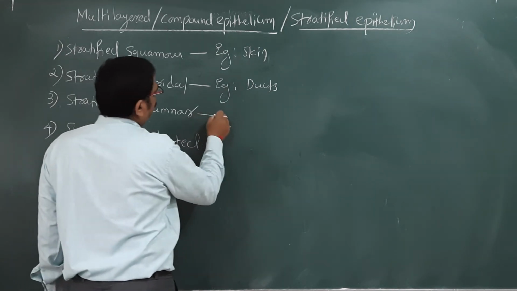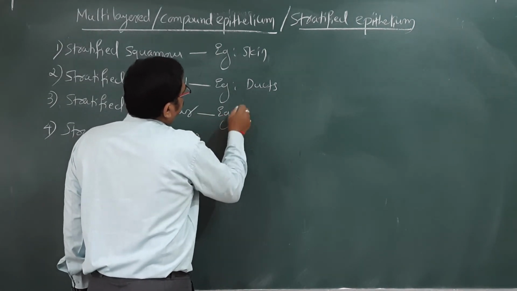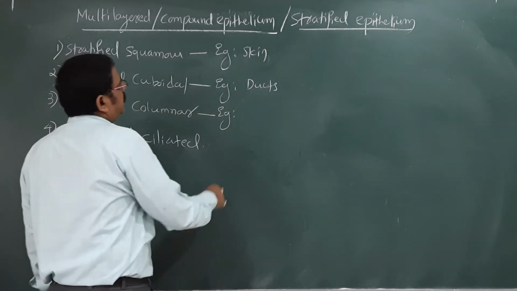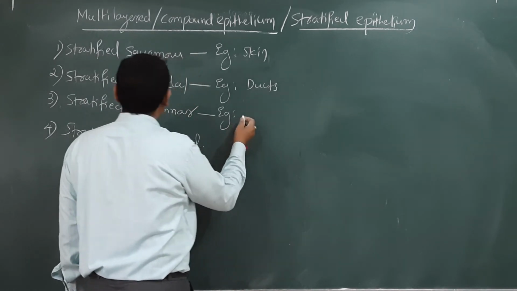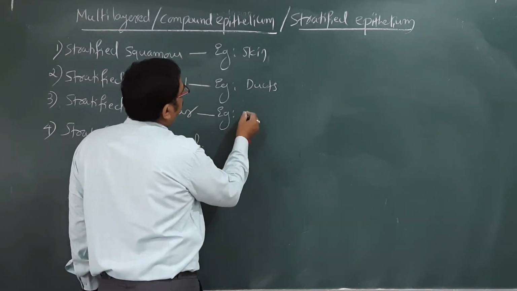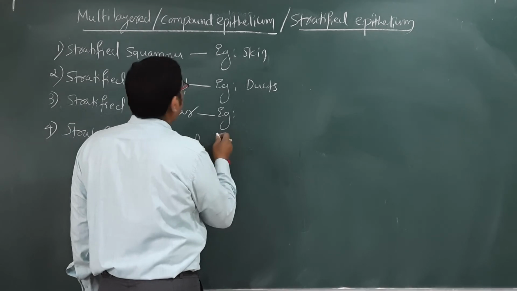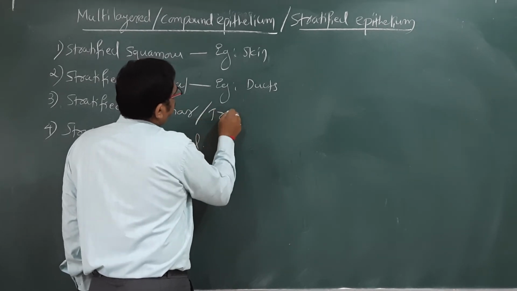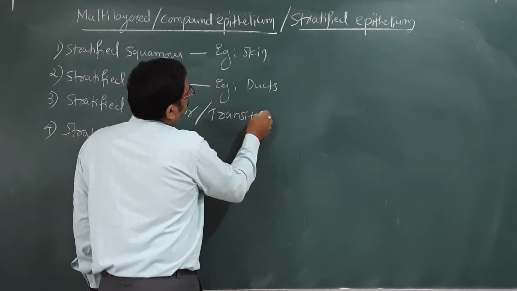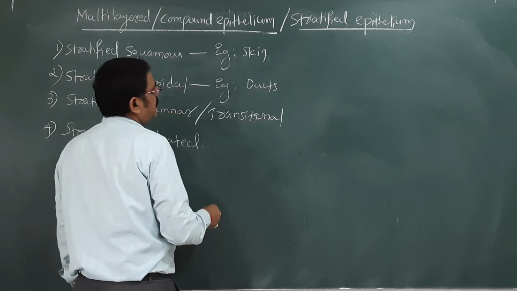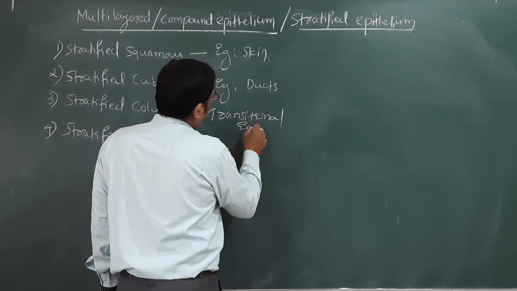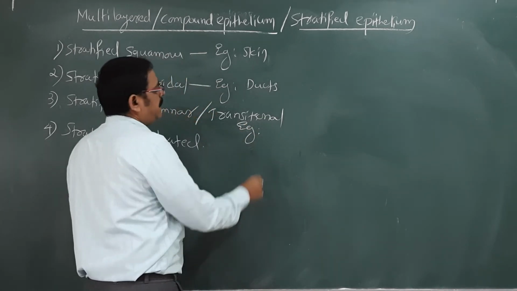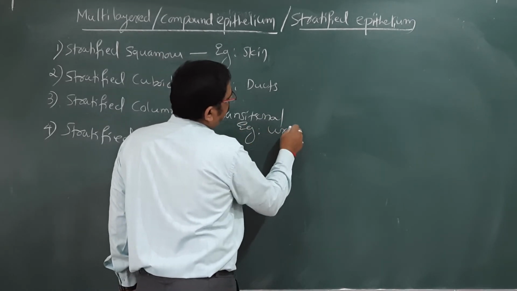Then stratified columnar epithelium, yes, we can see them, and they are also called transitional epithelium. Let me mention transitional epithelium, and an example for this is mainly seen in the urinary bladder.